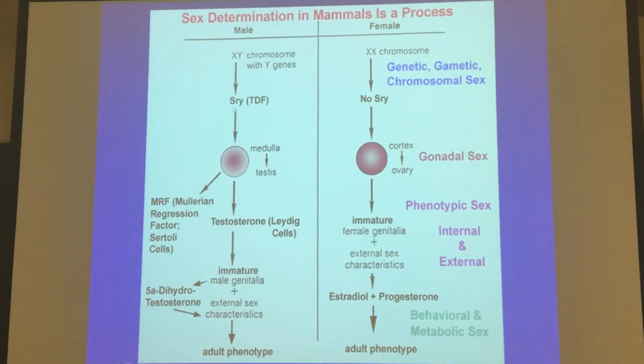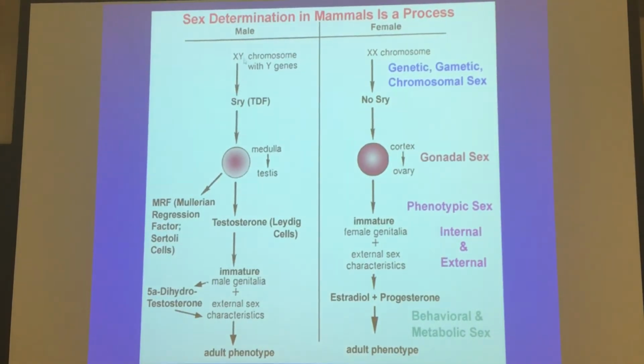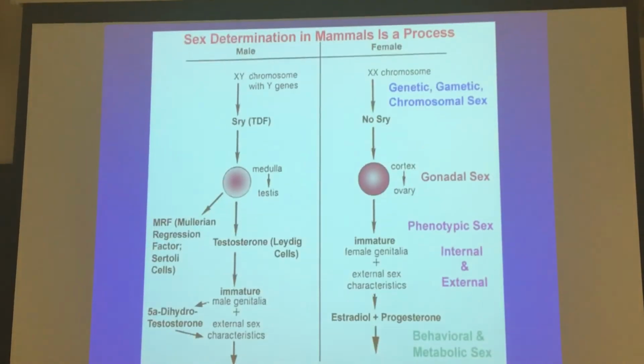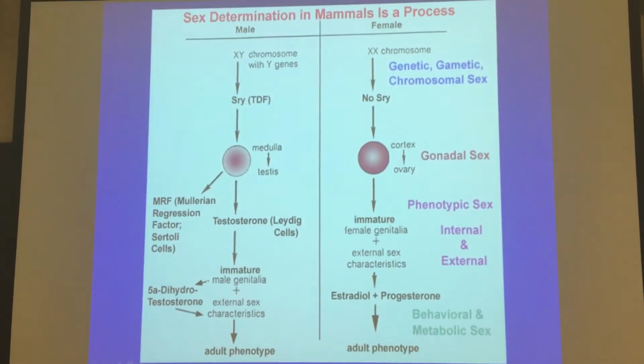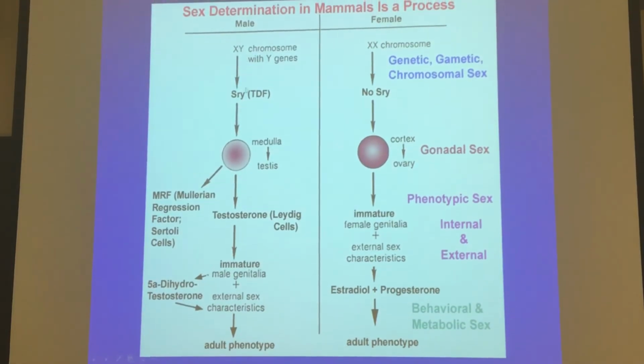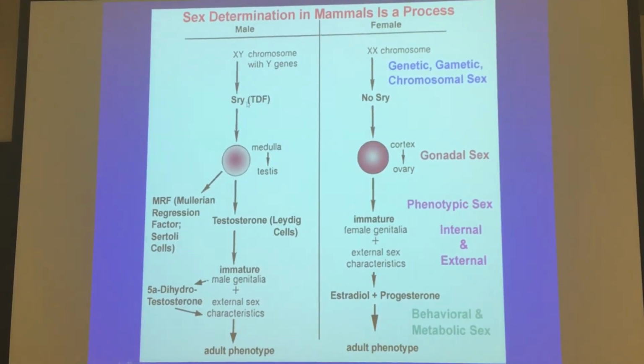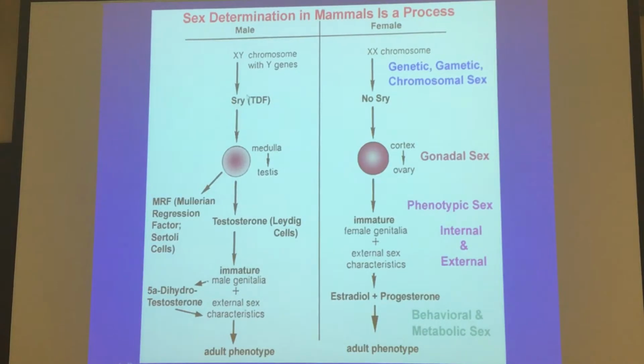And it turns out that a key feature of the XY system is the presence of a segment of the short arm of the Y chromosome that contains a small piece of DNA called SRY. It's also called the testis determining factor, or TDF.